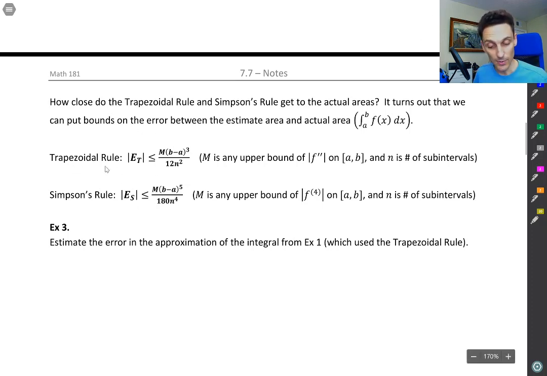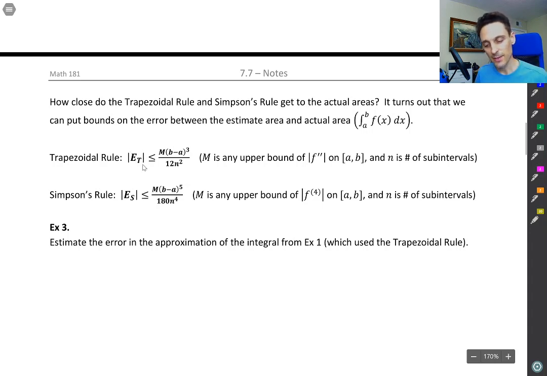There's the trapezoidal rule inequality, which gives us a bound on the error between the estimated area using trapezoids and the actual area under the curve. And here by areas we mean net areas. So for this notation, the E is for error, the sub T means the trapezoidal rule, so this is the error using the trapezoidal rule.